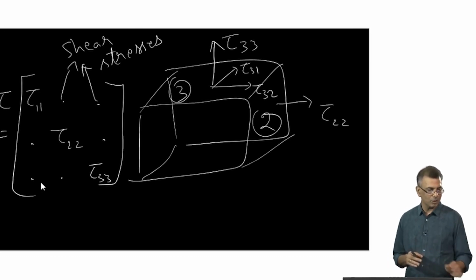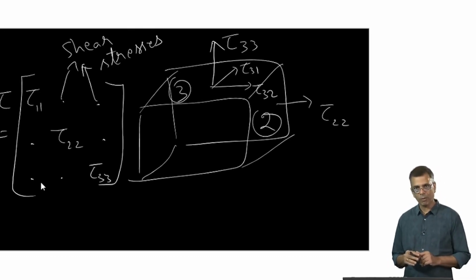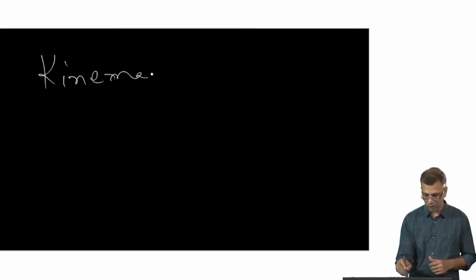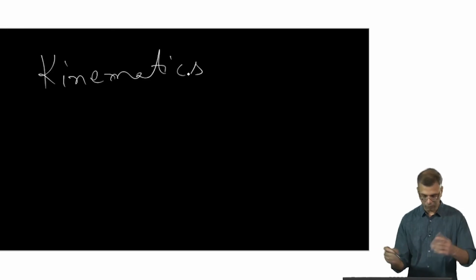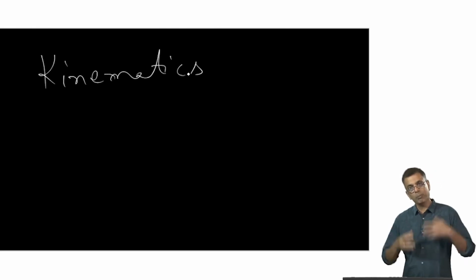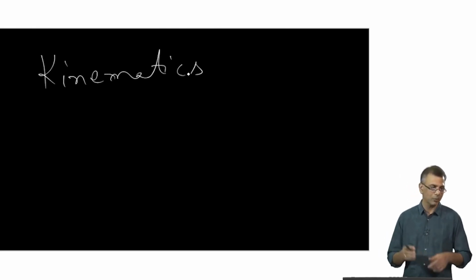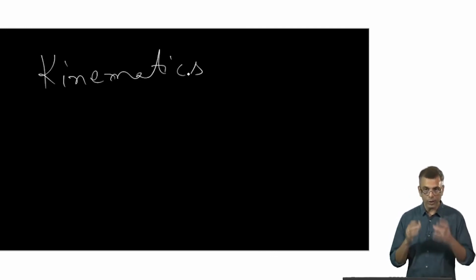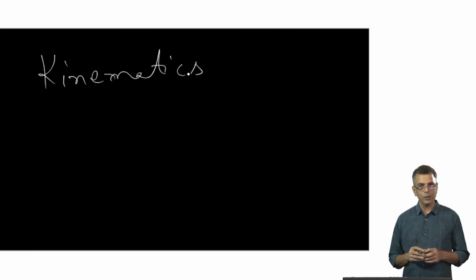So this was the other key thing we talked about, and from now on we will start talking about the kinematics of fluids. That's mostly what we will talk about from the next session onwards, which is the appearance of motion, such as displacement, velocity, acceleration, and so on, of fluid elements, without explicitly talking about the forces acting on them.